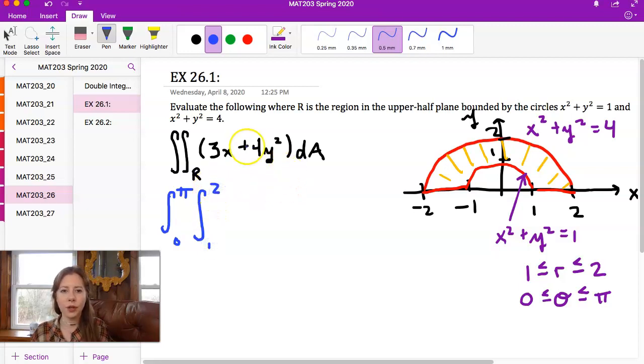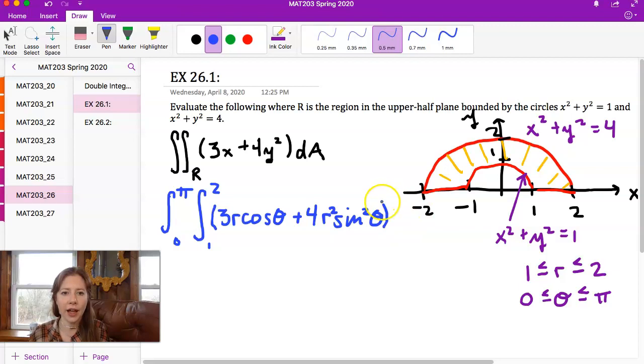Now for x, we plug in r cosine theta, so this is going to be 3 times r cosine theta, plus, and for y, we plug in r sine theta, so this is y squared. So we have 4 r squared sine squared theta, and then we still have to multiply by r dr d theta.